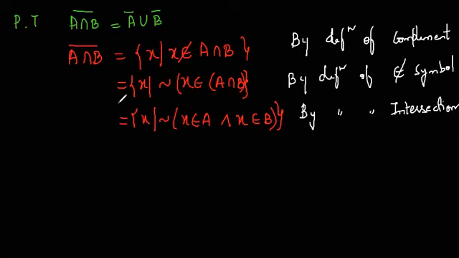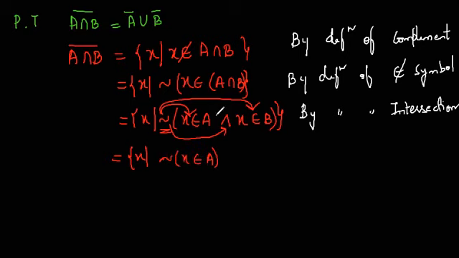So this is equivalent to x such that negation of x belongs to A, the symbol and will change to or, negation of x belongs to B. This is by using De Morgan's law.